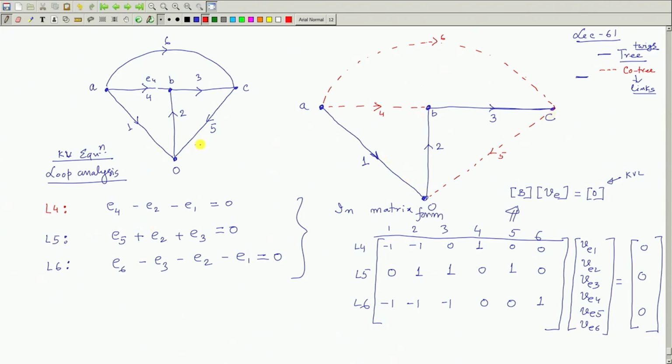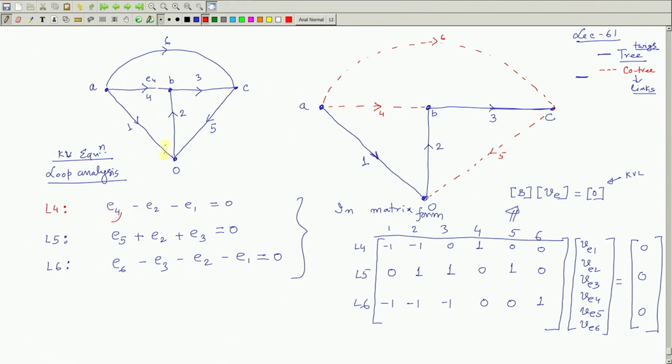While writing down the KVL equation in these fundamental loops, you start your journey. First write down the voltage of the link, whichever direction it is, you call it E4.